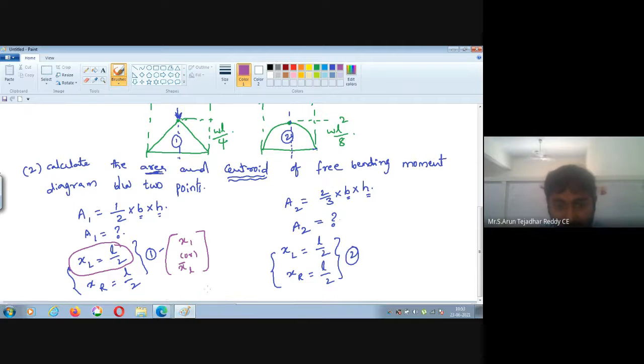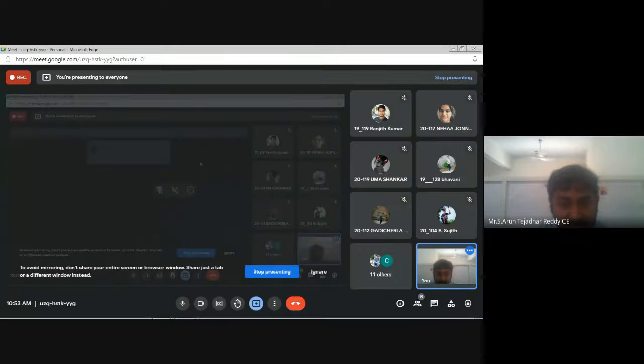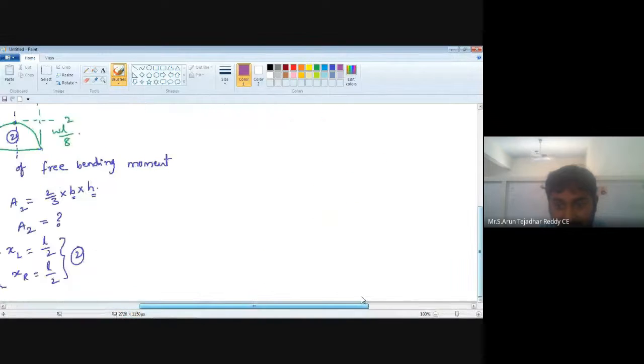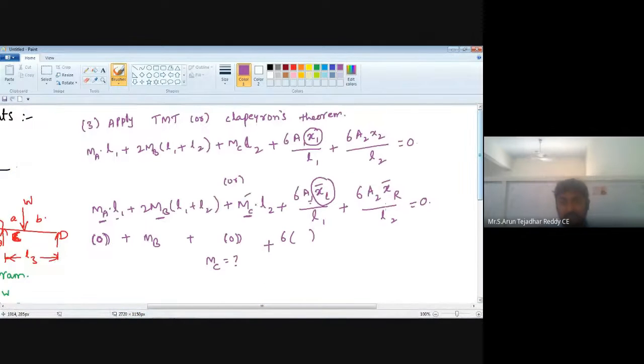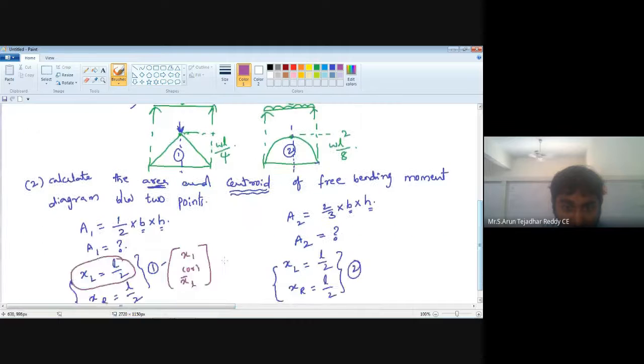Now again in the equation we have X2, or else XR bar. What is the meaning of X2 or XR bar here? Open the second diagram and forget about the first diagram.